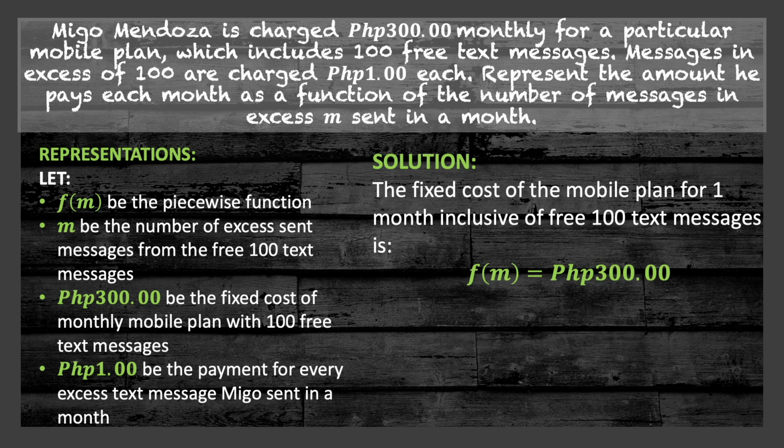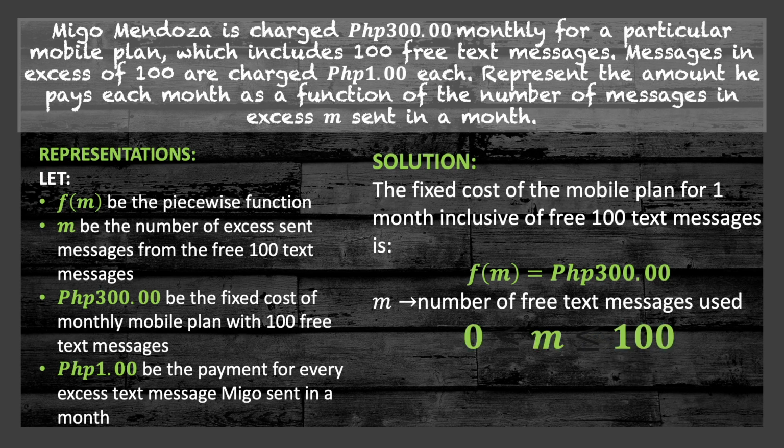Now, we will determine the interval of the subdomain for this subfunction. Since m represents the number of text messages, we know that it should be between 0 and 100 for Migo to pay exactly 300 pesos.